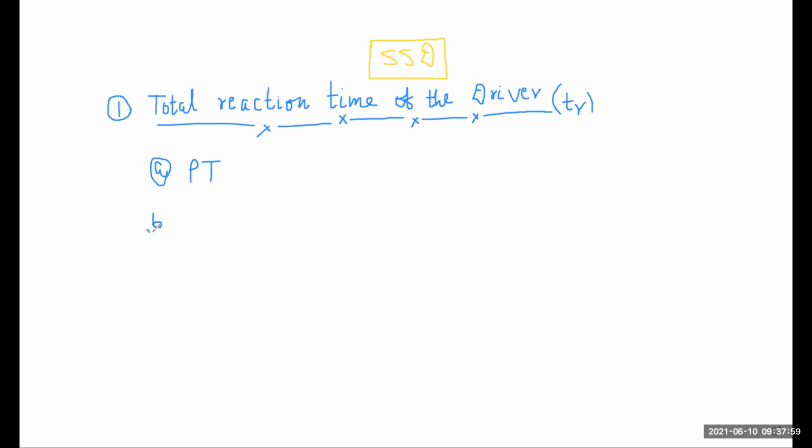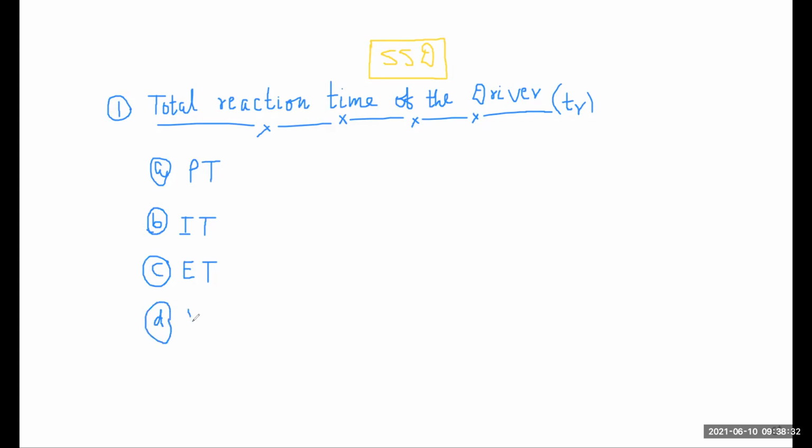Next, it takes a certain time for intellection. Do not worry, I discussed this point also. The second is intellection time. The third one is your ET, emotion time, and the fourth point is your VT, violation time.